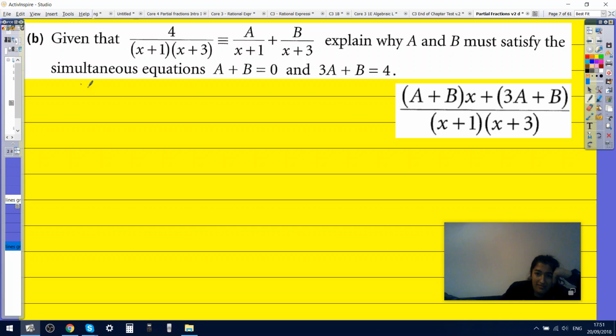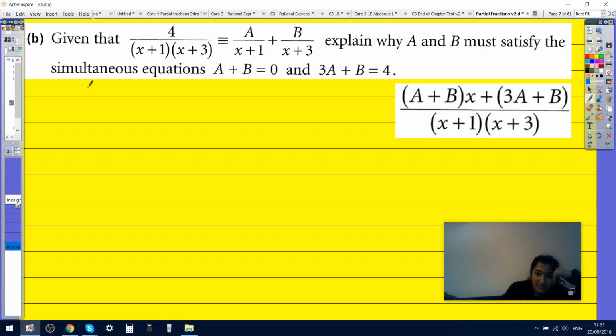Then if x equals minus 3, 4 equals minus 2B, so B equals minus 2.